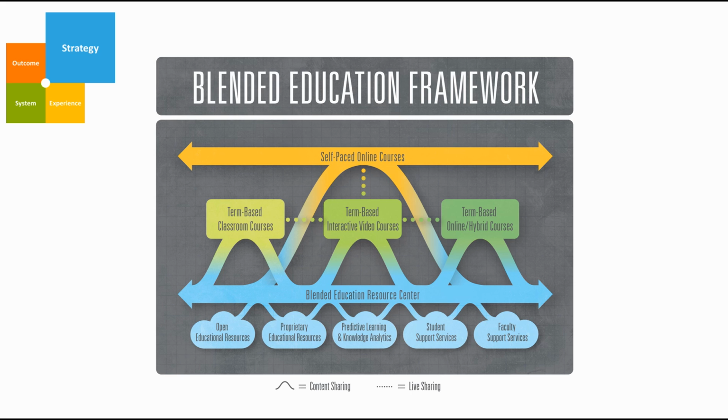This is called a blended education framework, and it integrates all types of self-paced online courses, term-based classroom courses, interactive video courses, and online hybrid courses together in a concise and integrated web-like way. And by using this simple graphic we can develop strategies about how we're going to develop learning environments using this framework.